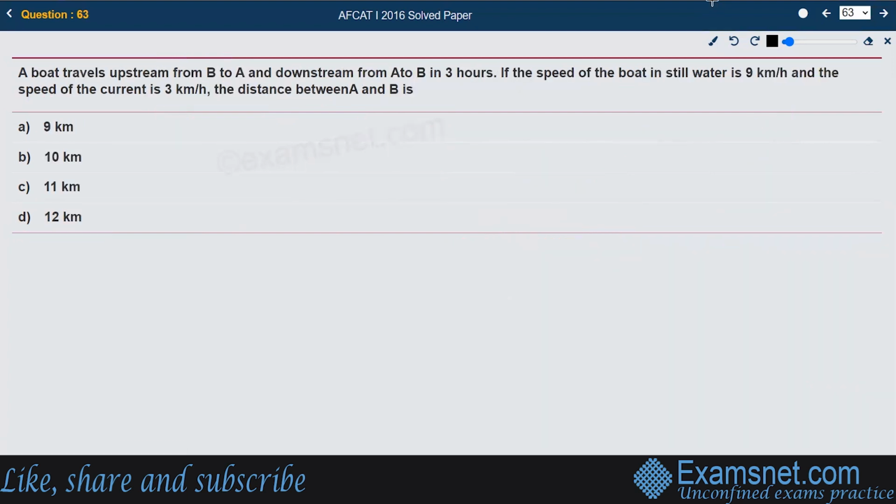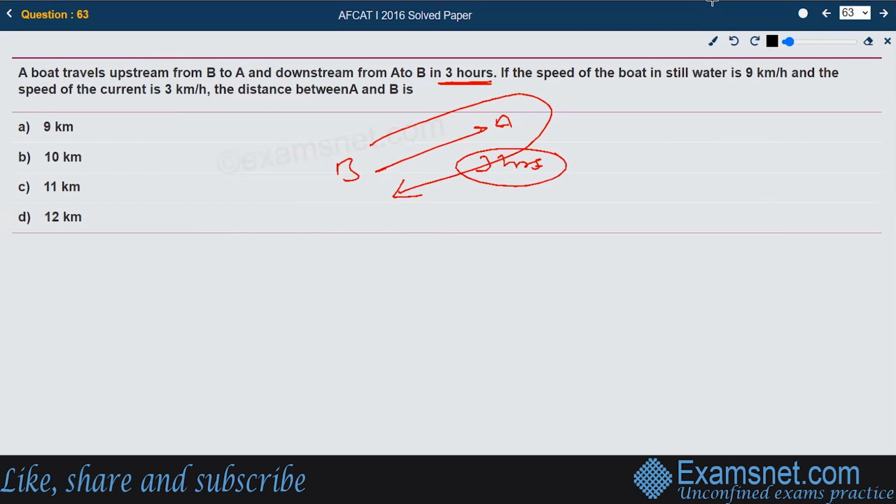Next, a boat travels upstream from B to A and downstream from A to B in 3 hours. The total time taken is 3 hours. So let us write upstream B to A. B is here, A is here, and then A to B. The total time taken in this total journey is going to be 3 hours, as he said.